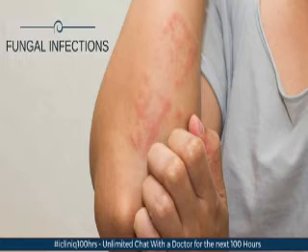The main treatment objectives are to eradicate infection, to prevent transmission, and to identify and treat any predisposing conditions. Non-pharmacological treatment: good personal hygiene, use of loose clothing, open footwear.